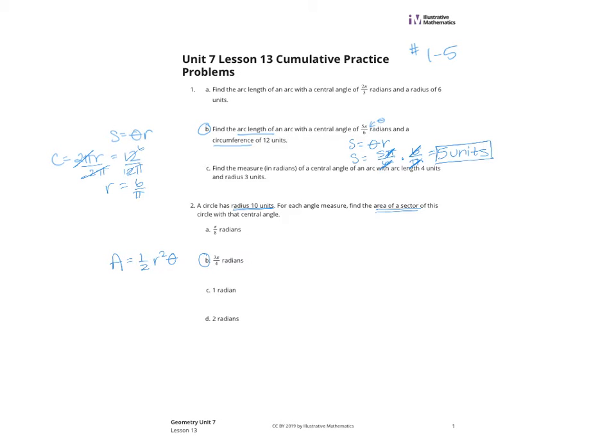That was my formula. So let's try this. So my area is 1/2 my radius, which is 10 squared, times my 3 pi over 4. So remember, you have to do the 10 squared. You can't cancel anything before you get your 100.